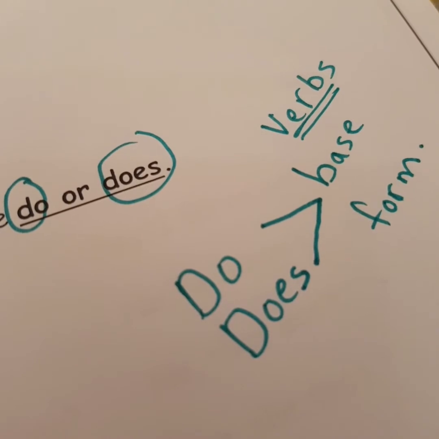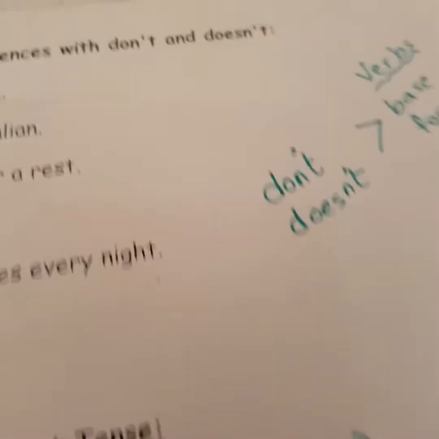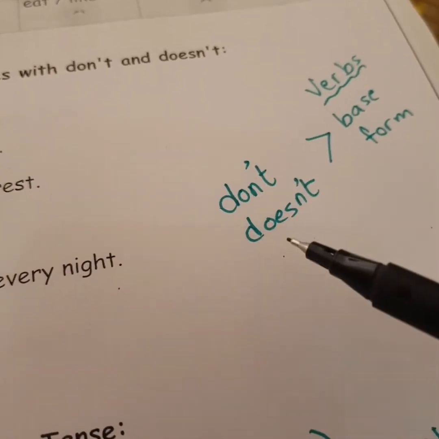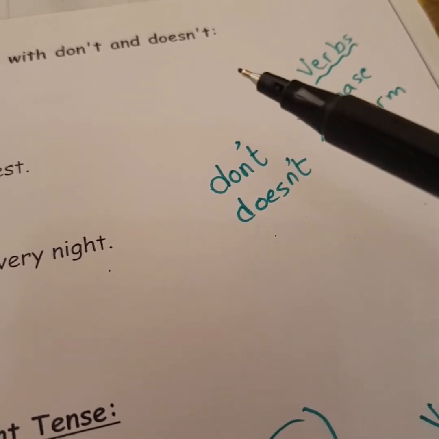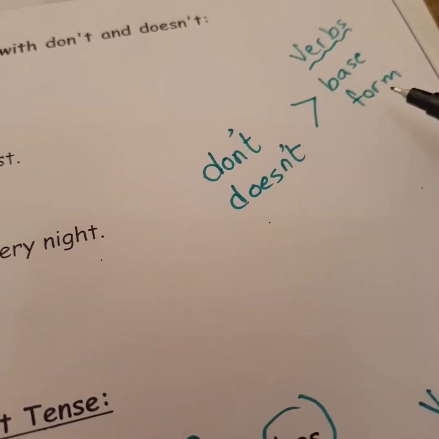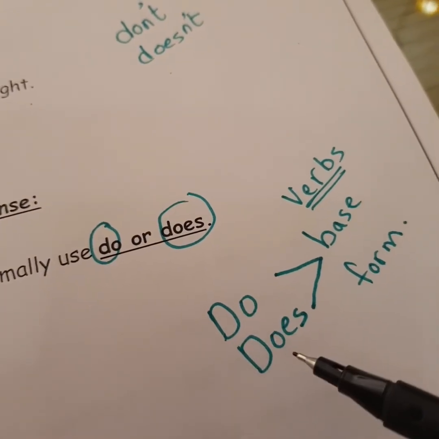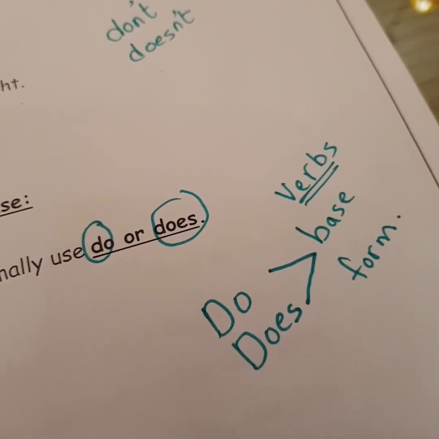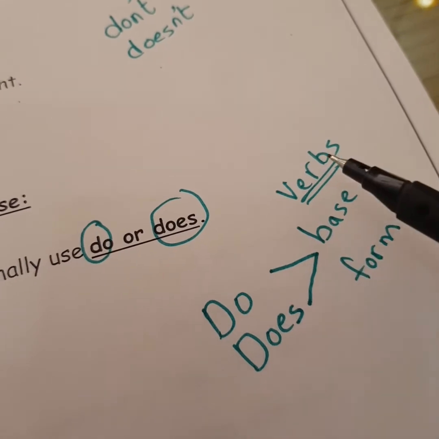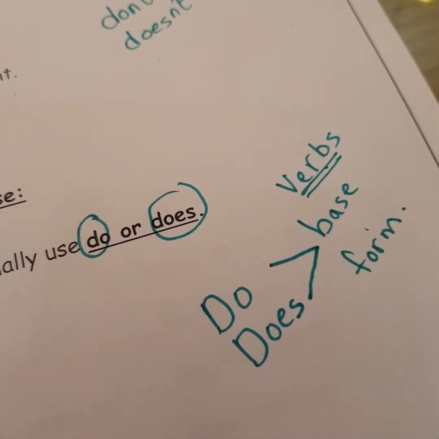So pay attention to this point. After don't and doesn't in the negative questions, we use the verbs in the base form, and also after do and does in interrogative sentences, we use the verbs in the base form.